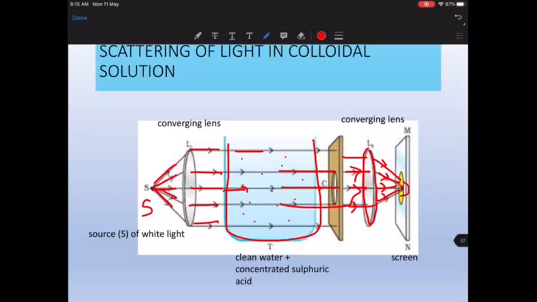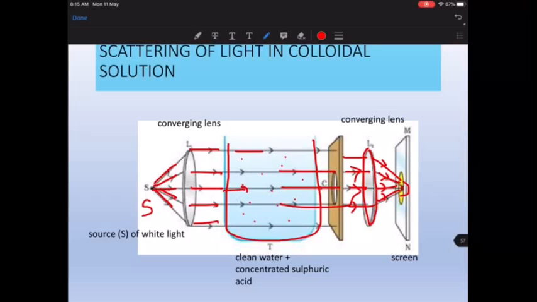So that shows that when the white light is coming from the sun, and only the blue light gets scattered, and the rest of the rays enter our eyes, we see the sun either pure white or yellow or orangish in color, because the only color which is getting scattered is blue, right?